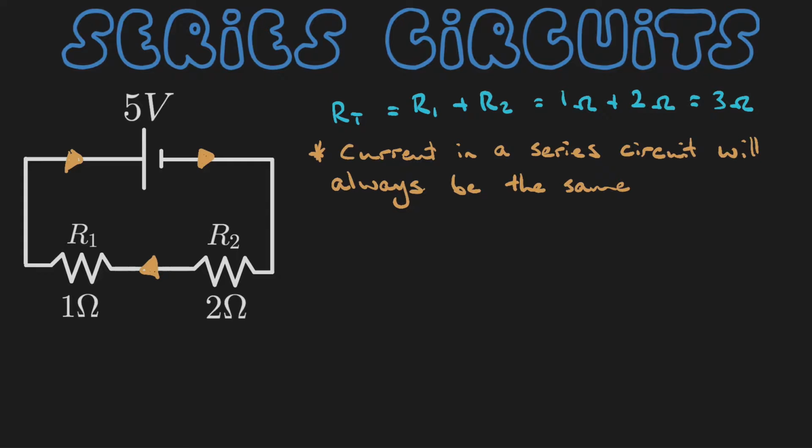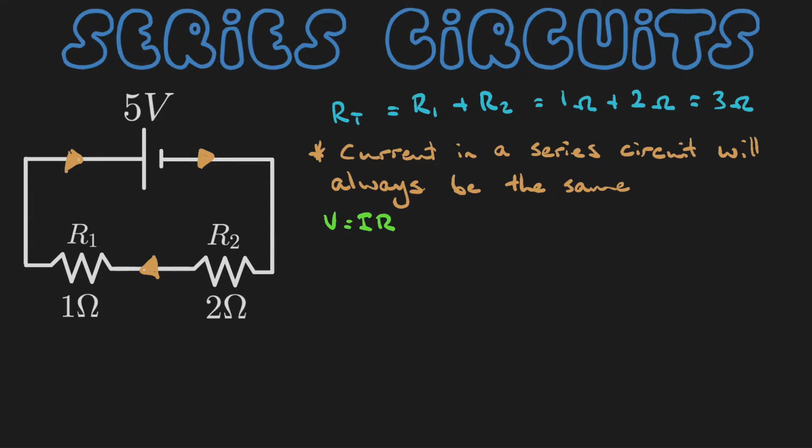So the current doesn't change throughout the entire circuit. Okay? So now if we remember Ohm's law, V equals IR, or voltage equals current times resistance, we can actually calculate the total current in this circuit, because we have the voltage and we have the total resistance, right?